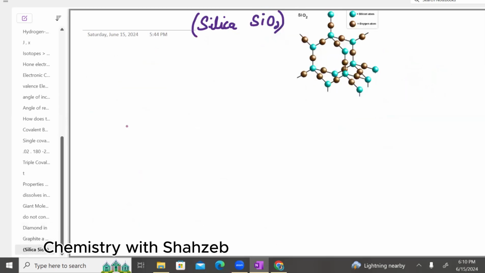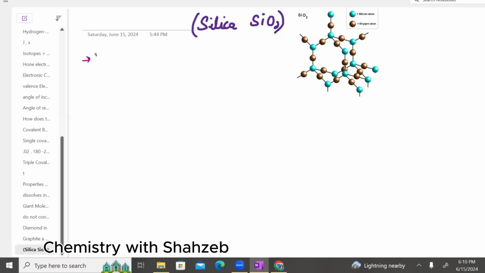So let's now move further towards silica. First of all, it also has a high melting point and boiling point, and the reason is the strong covalent bonds.